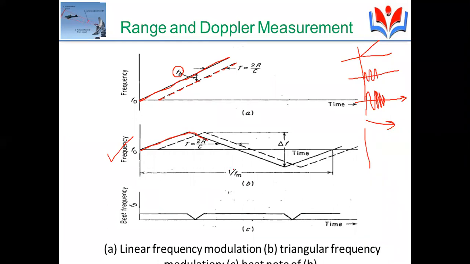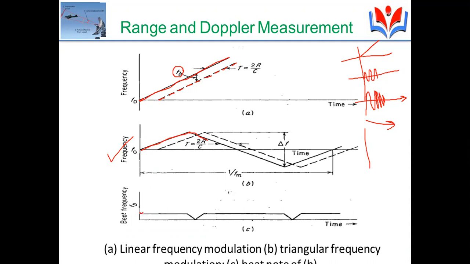And if you consider this case, this dotted line is the reflected signal. The difference between these two is called FD, the Doppler frequency. FB is the beat frequency, the difference between these two. The solid line minus the dotted line, the difference is positive.